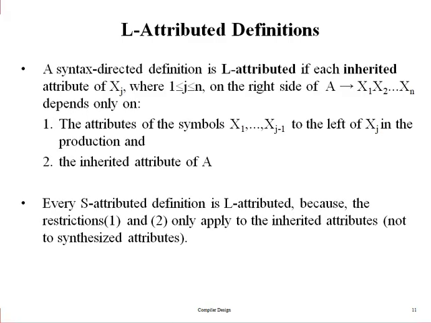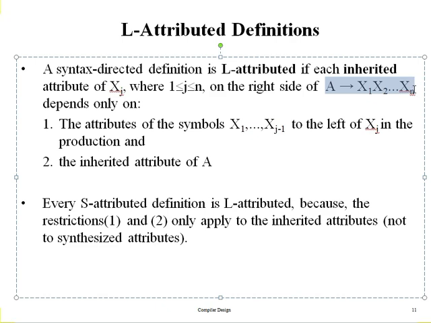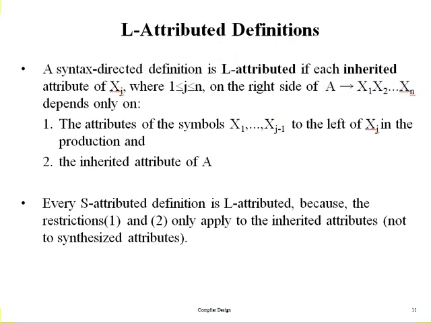When we are attaching inherited attributes to grammar symbols to make the grammar an L attributed grammar, the restriction is this. For example, assume we have the grammar production rule A derives X1 X2 up to Xn, and we want to attach an inherited attribute to one of the grammar symbols on the right hand side of the production rule.